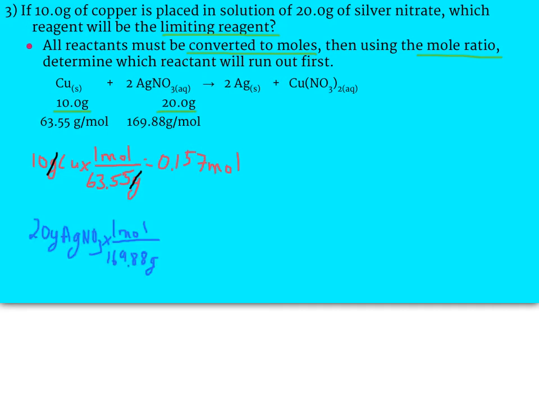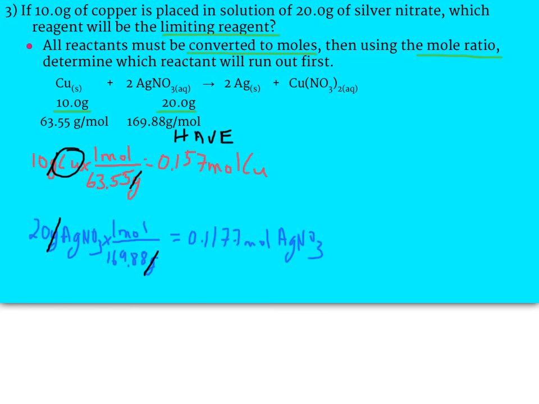So here I have my 20 grams divided by my molar mass, and my answer is 0.1177 moles. Then I'm going to write down at the top, this is my have column. This is what I have of each of them. It's important you notice that this is what I have of copper. Actually, I'm going to write that down. I have moles of copper. And here I have moles of AgNO3.